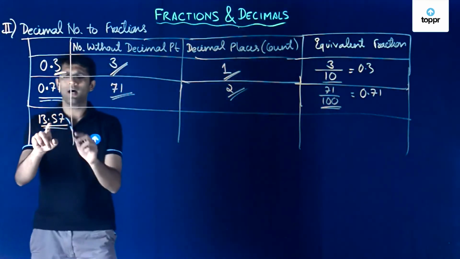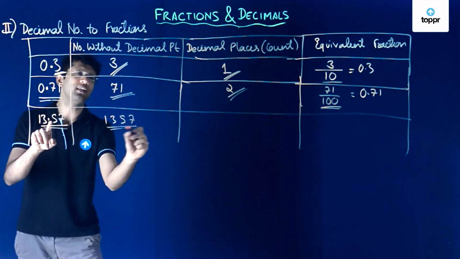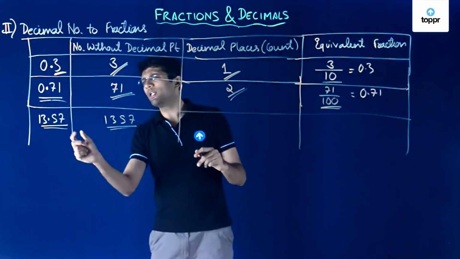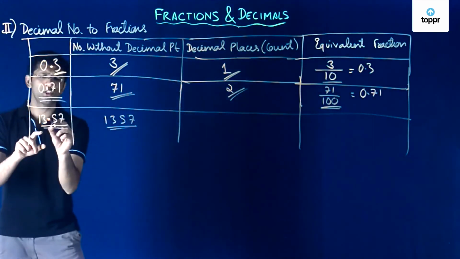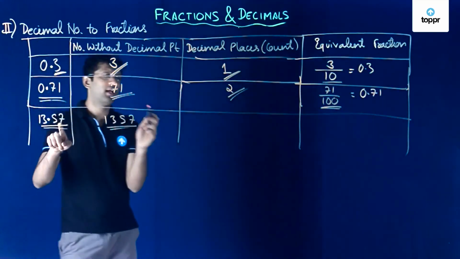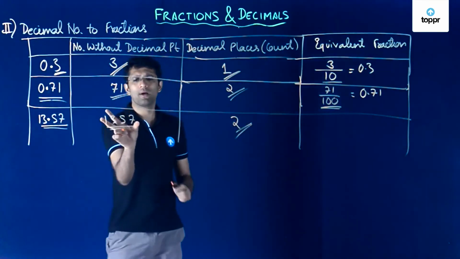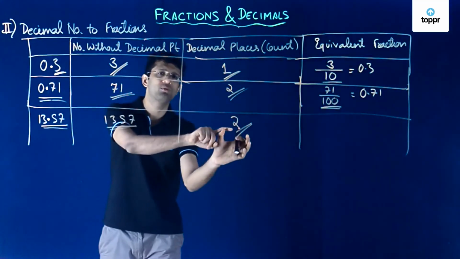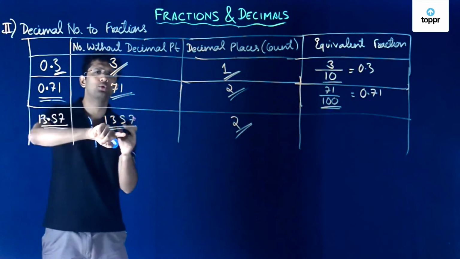Now I want to convert this into an equivalent fraction. Here without the decimal point the number is 1357. So I have written the number without the decimal point. The next thing I do is count the number of digits to the right of the decimal point. Here the number of digits to the right of the decimal point is 2. Because the number of decimal places is 2, what I will now do is divide this by a power of 10 that has 2 zeros.